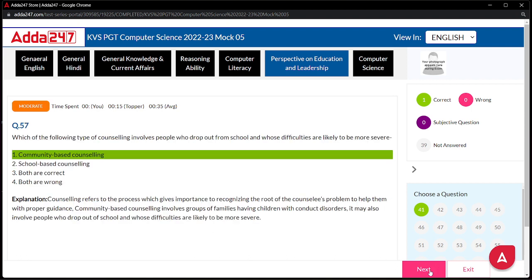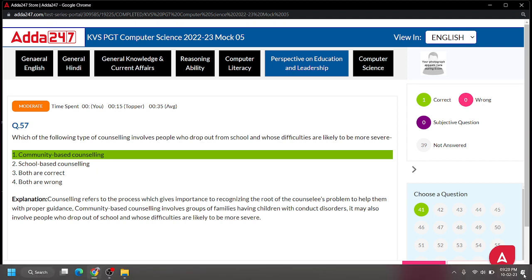This is a moderate question: which of the following types of counseling involves people who drop out from school and whose difficulties are likely to be more severe? That is called community based counseling. Community based counseling is a process which gives importance to recognizing the root of the problem to help with proper guidance.